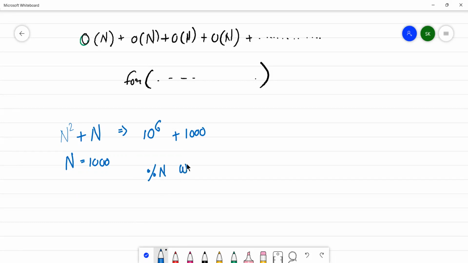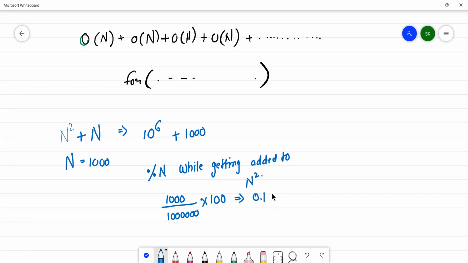If I write here n value as 1000 divided by the value of n square, that is 10 to the power 6, into 100, I'll get 0.1%, right? That means that the part of n which is going to impact n square is just 0.1%, yes or no?